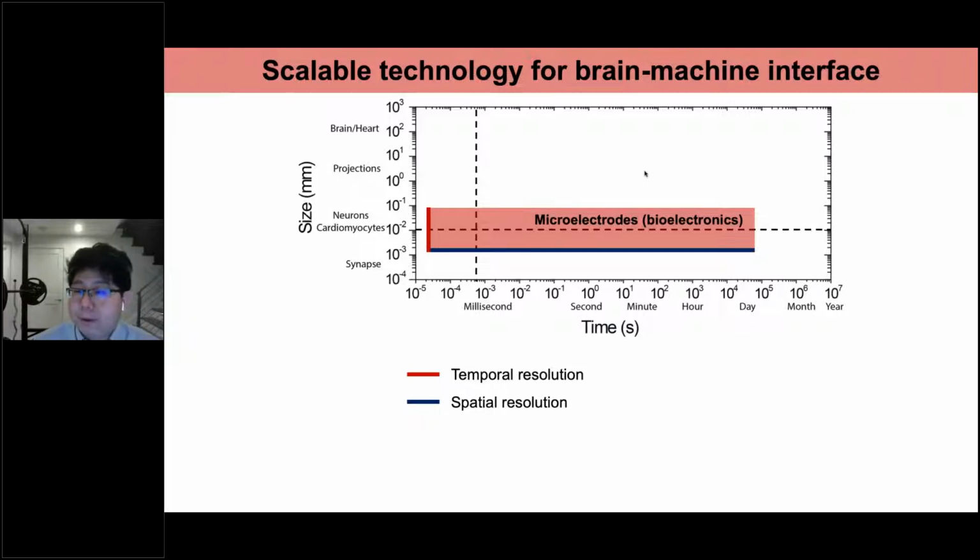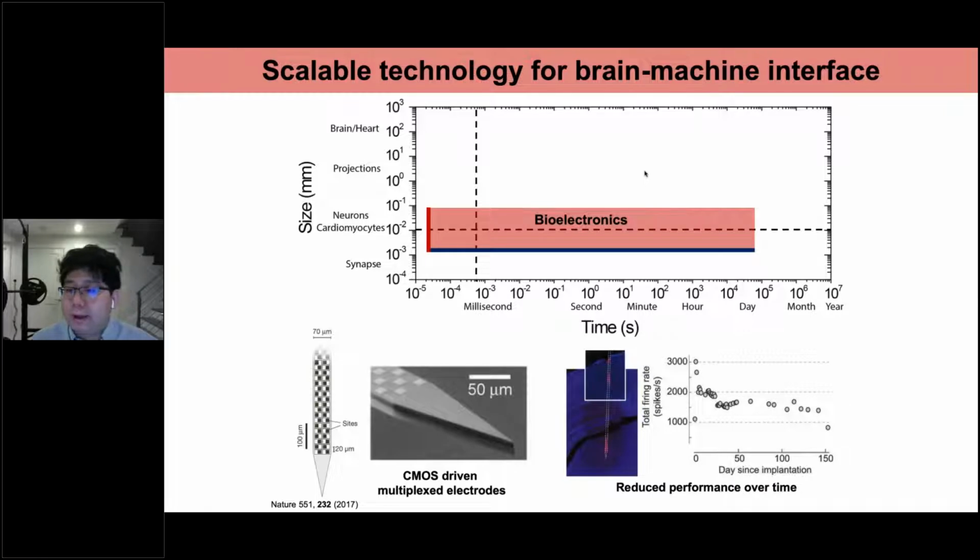So the first part of my talk is that we try to understand how to address this spatial temporal dilemma. There's one direct solution: can we make a brain probe like a computer chip, using CMOS technology to build a large number of sensors and get into the brain to record the neural activity? Can this really solve the problem?